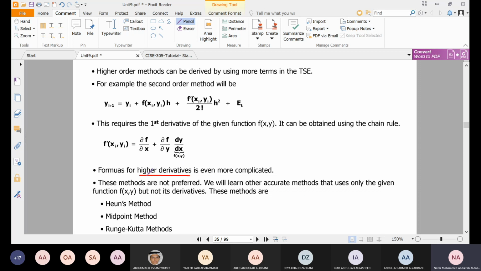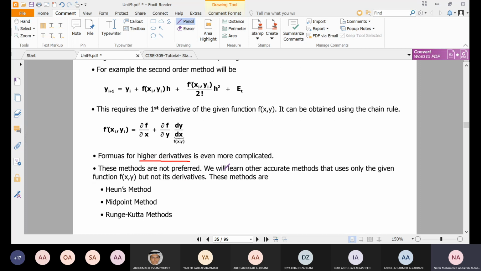Because here we need to find, for example, the second derivative analytically for this ODE, and the third derivative by using an analytical solution. And sometimes this is not easy to compute.